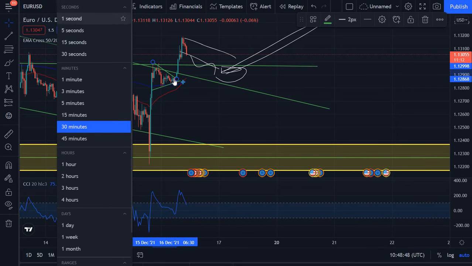The 30-minute chart. So here we are seeing this change of momentum to the upside, where we are crossing the 50 and 200 EMA.